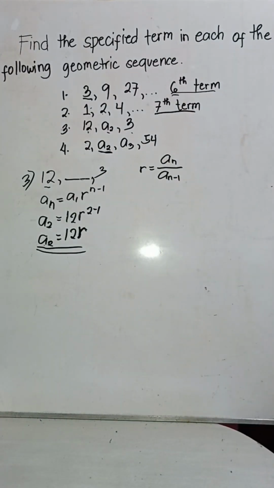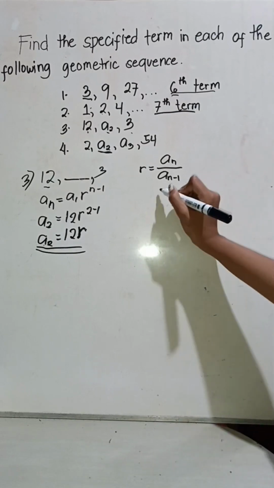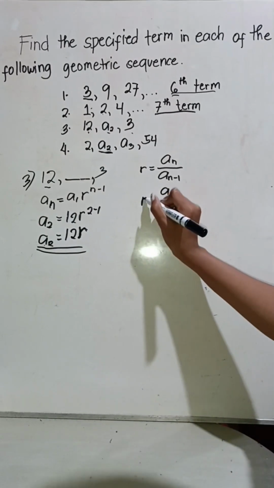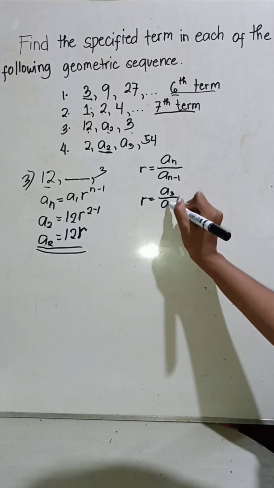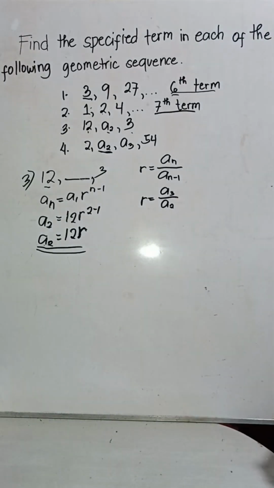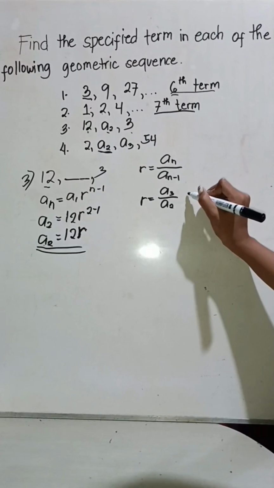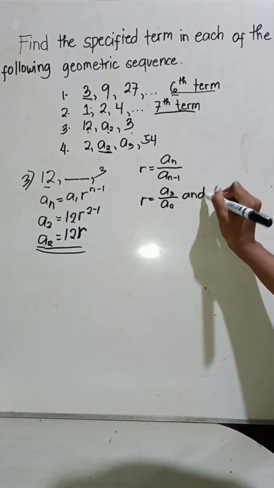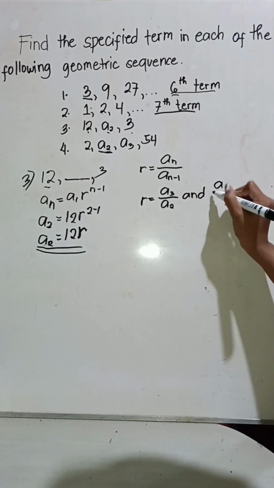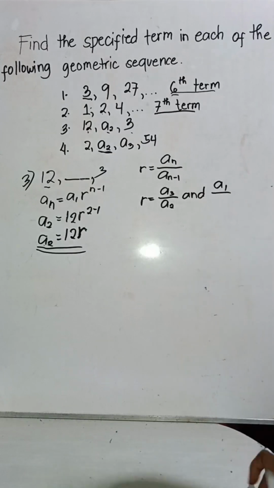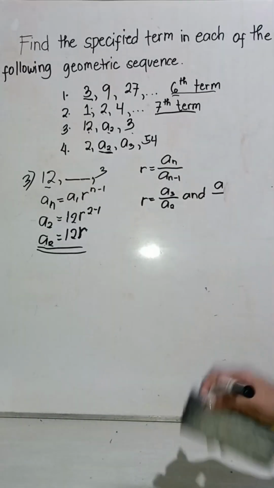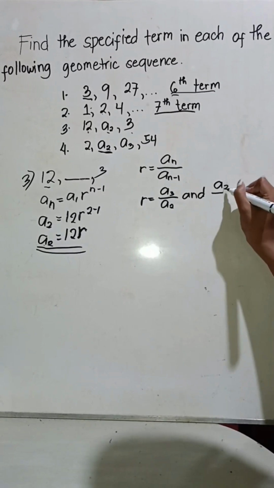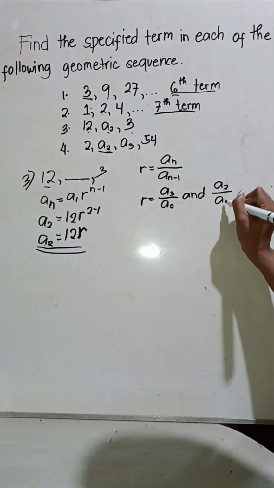Same lang po ni siya as r equals a sub 3 over a sub 2, and a sub 2 over a sub 1.